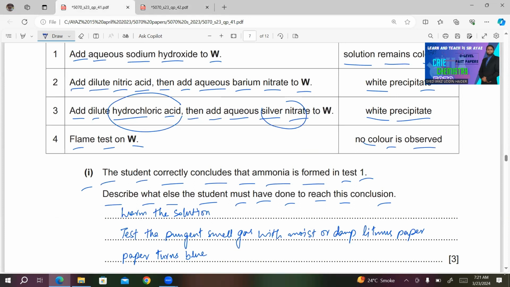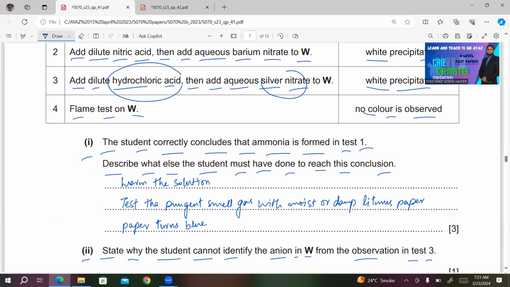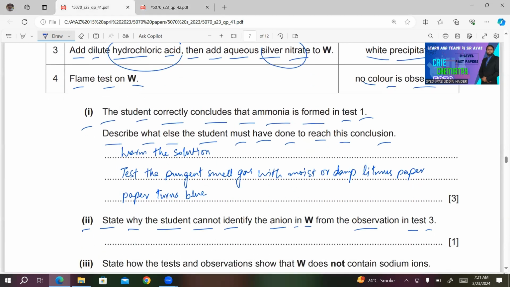If you add hydrochloric acid, it will also contain chloride ion. So that's why you cannot identify the right anion in W from the observation in test 3.